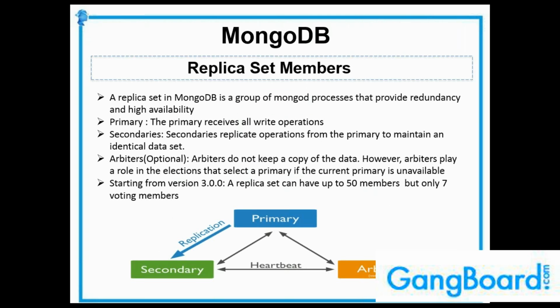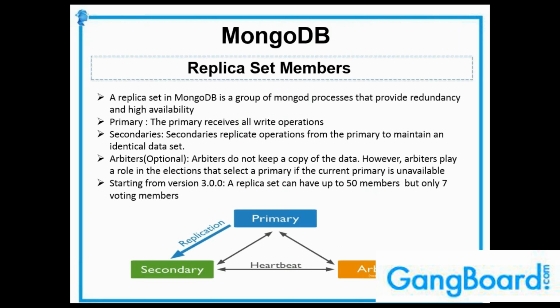So, replica set members. In a replica set, as I said, we have a primary and secondaries. Apart from that, we have another member called an arbiter. This arbiter is an interesting thing. To have a replica set, you need a vote from each and every node.